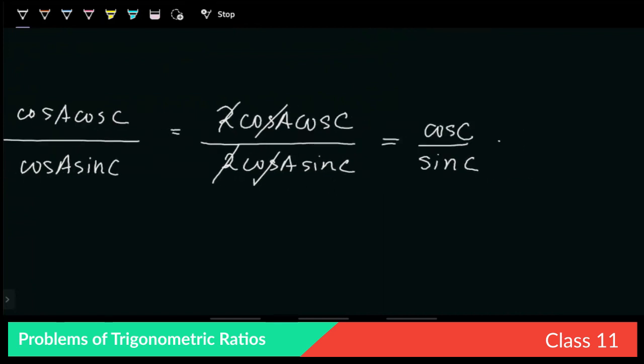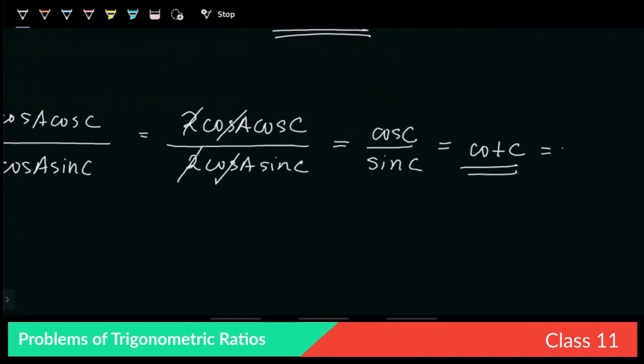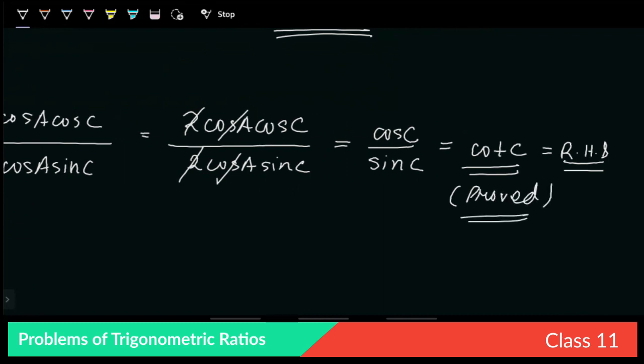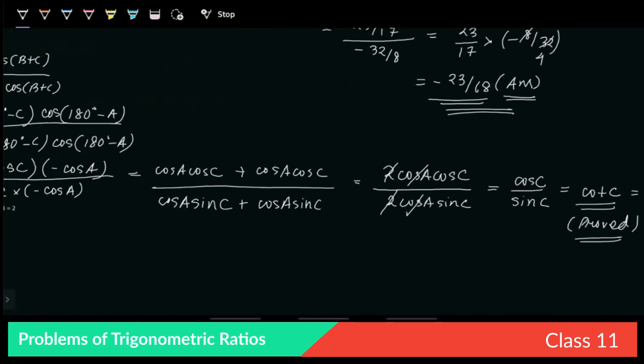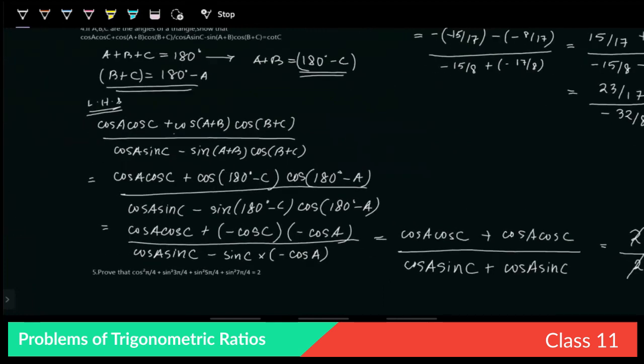Cos theta by sin theta means cot theta. So here theta is C, so we can write it as cot C. So it is our right hand side. Okay, so it is proved. LHS equals RHS. Okay, so this was our fourth sum.